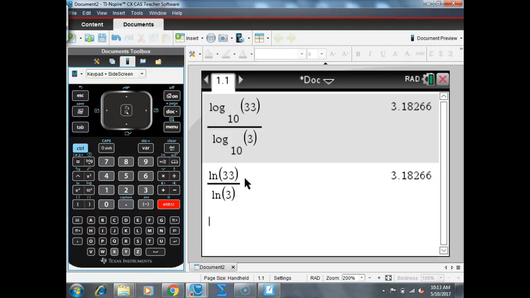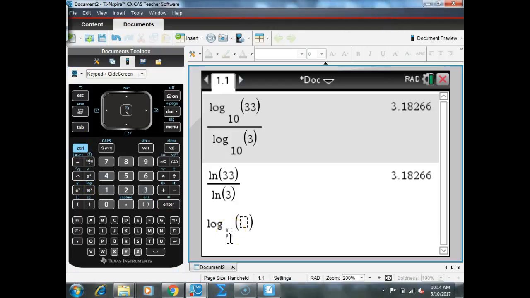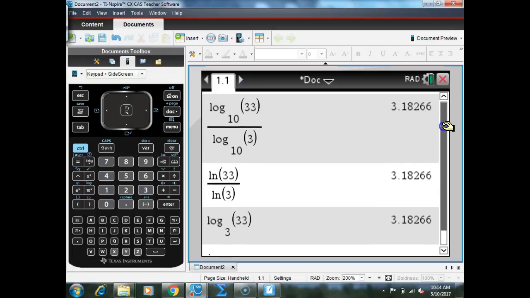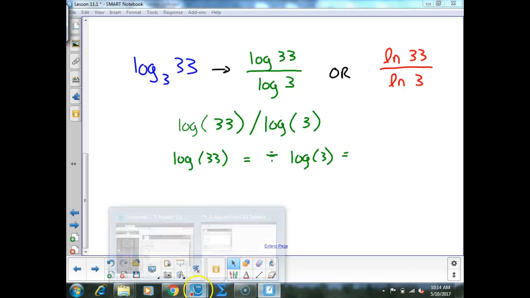Now, if you are using an Inspire calculator, you can also just go log base 3 of 33, and it will give it to you automatically. They were smart and said, well, let's take this change of base formula out of the way. So in either one of those methods, it works.